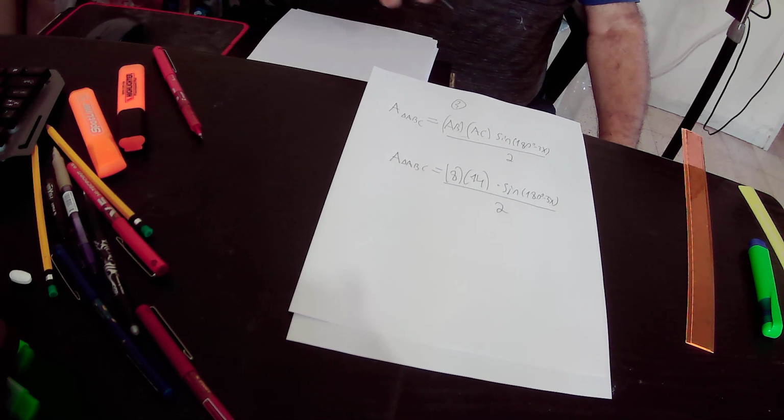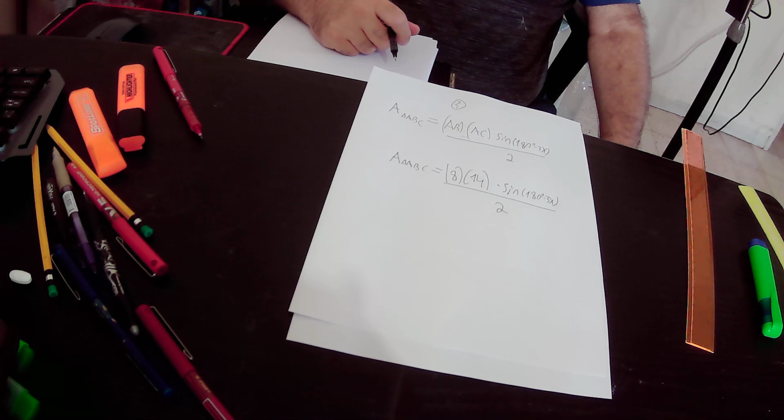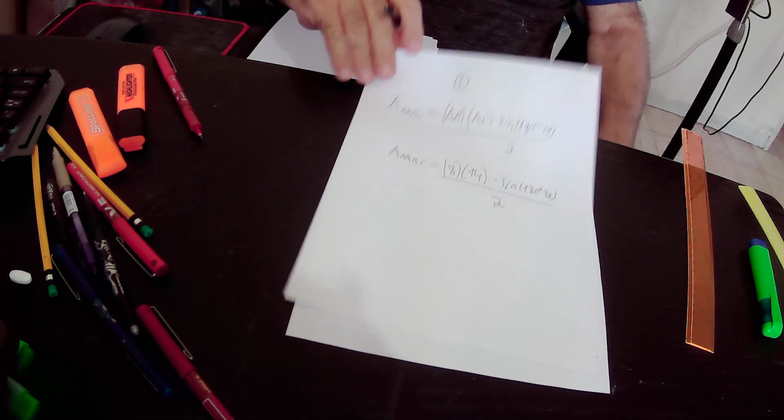Here 14 divided by 2 is 7, and 8 times 7 is 56, so I will write it down.